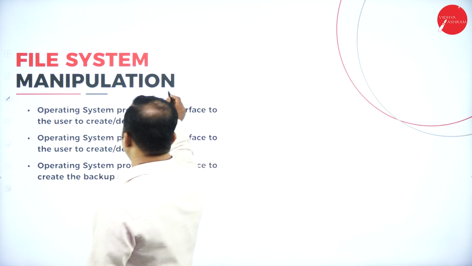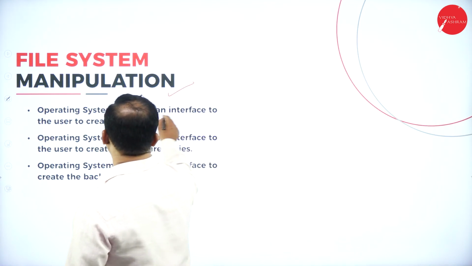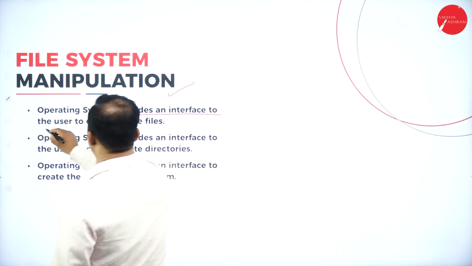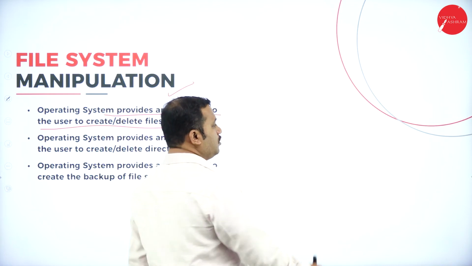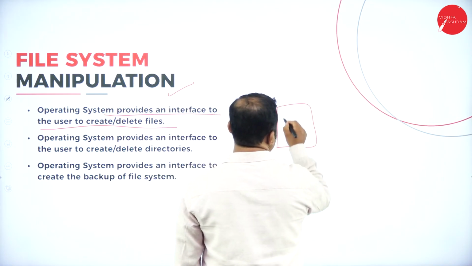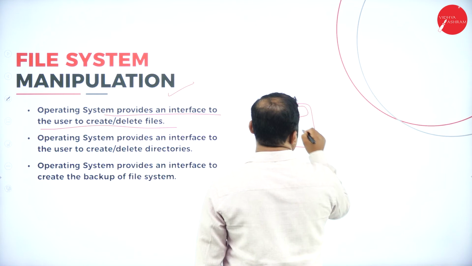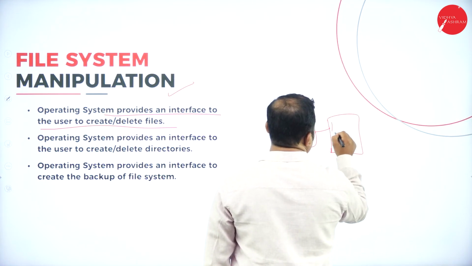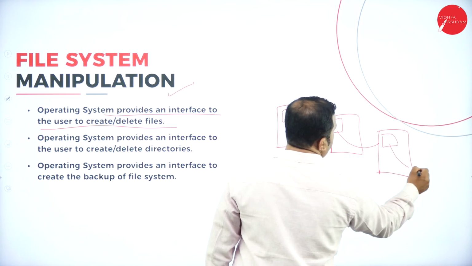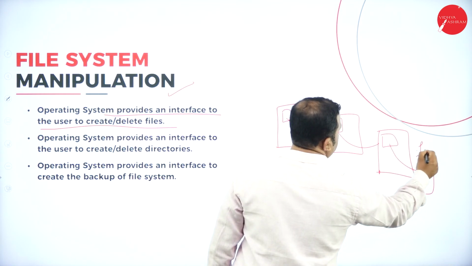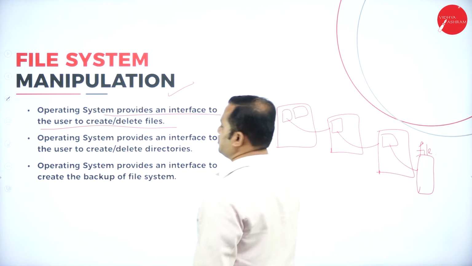Then the file system manipulation also includes that the operating system provides an interface to the user to create or delete files. Suppose you look at the Windows operating system, any of the files stored in it can be created, managed, deleted or manipulated. That is the reason we have the file system here.